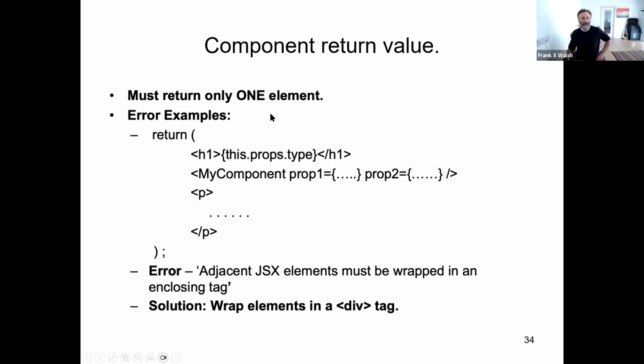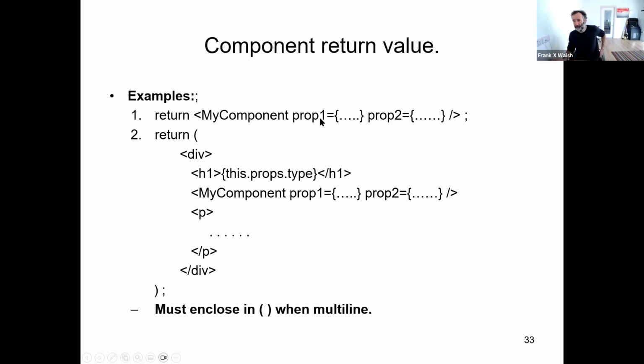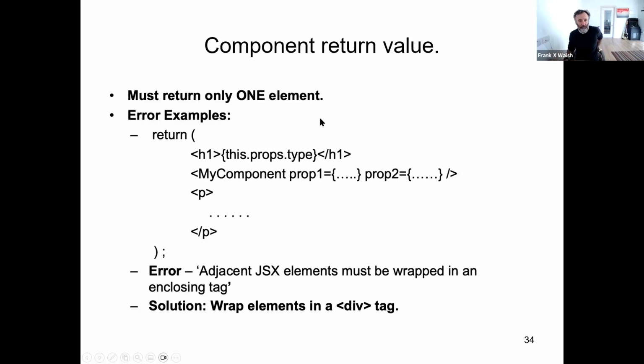As well as that, when you're returning from a functional component, you can only return one element. You can't return a bunch of elements. For instance, this will be fine. Or no, sorry, this isn't fine, because look, I have heading one, I've got my component and I've got a paragraph, right?